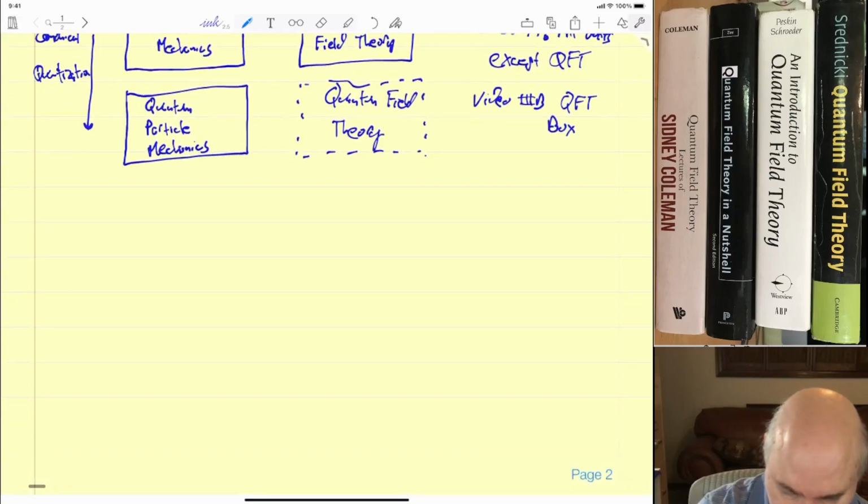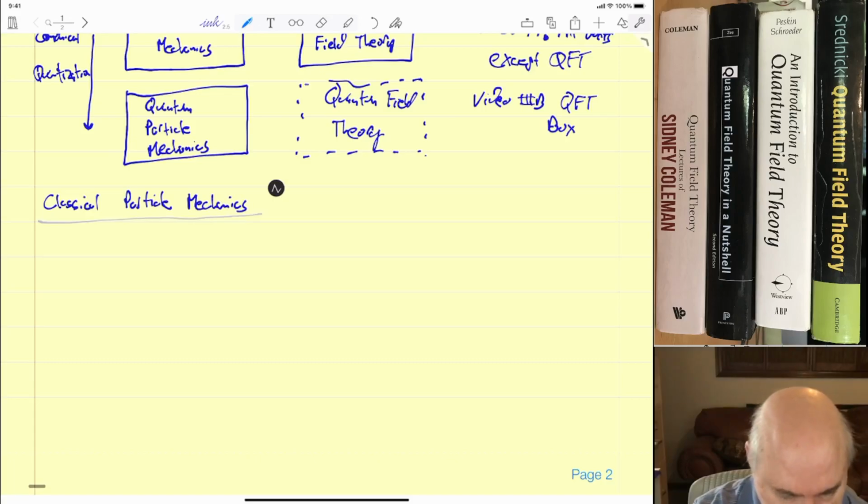So let's start with classical particle mechanics. Okay, so I'm going to take a little bit higher level approach than starting with Newton's laws, because I'm sure you've all taken, hopefully you've all taken, an advanced mechanics course.